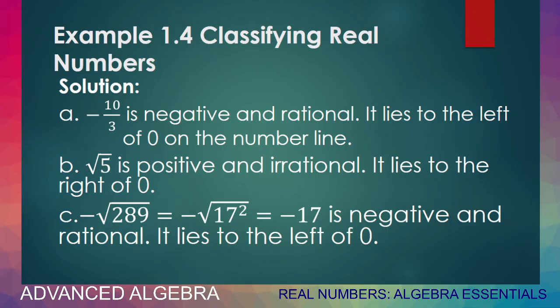The previous one was right of 0, and this one, letter C, is left of 0. Okay?